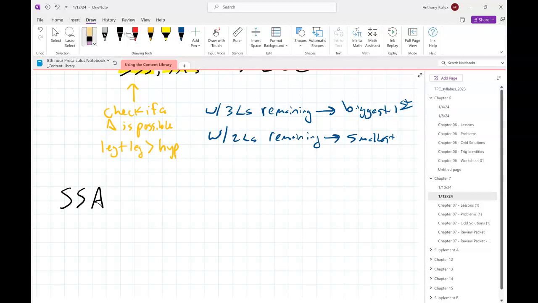So in the SSA case, we can have 0, 1, or 2 triangles possible.